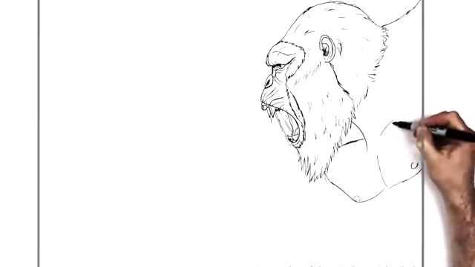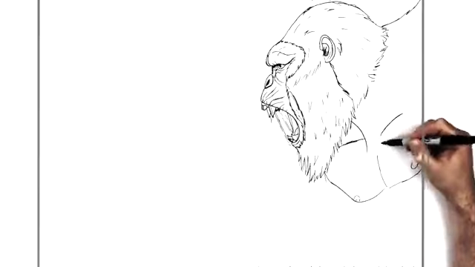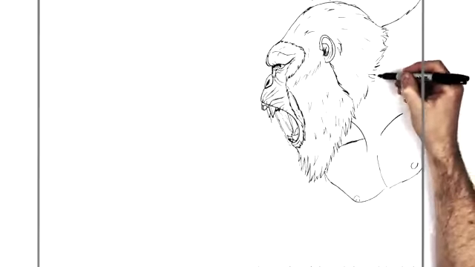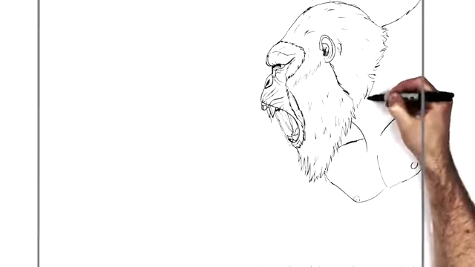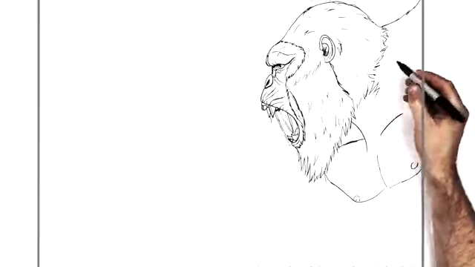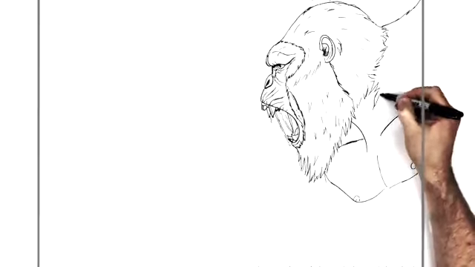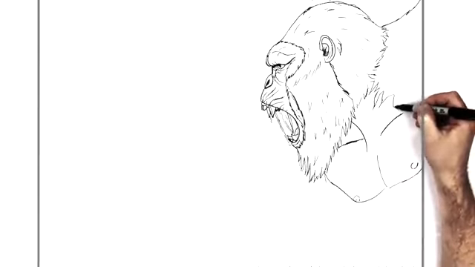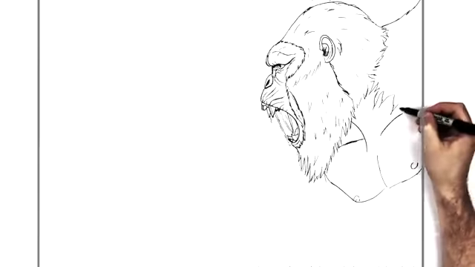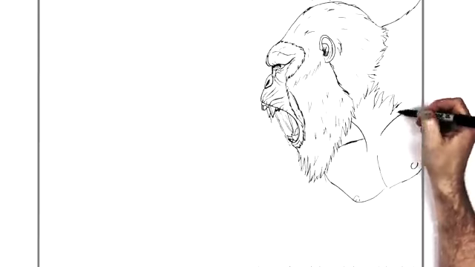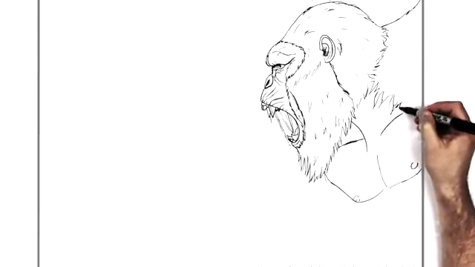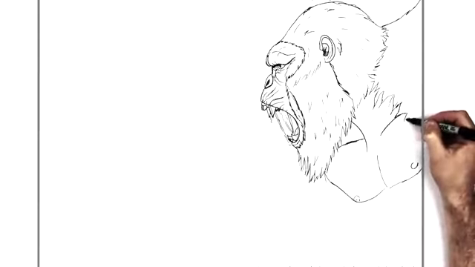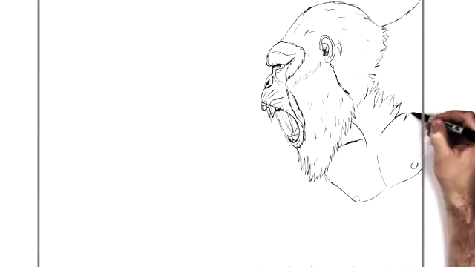Then we have the chest bone or collarbone going that way, and that meets the hair that's on his neck and his shoulder, right? So we've got more hair lines basically. It comes down all the way around here.